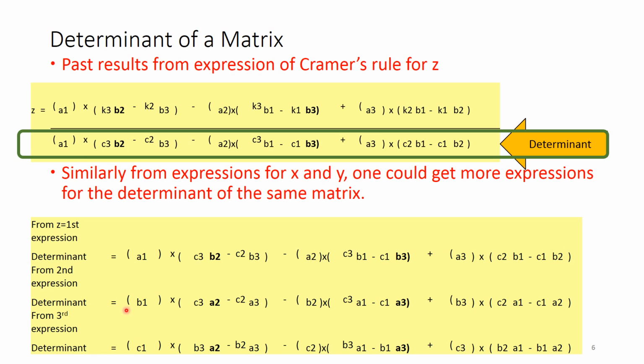Similarly, if I use the divisor as B1 in the beginning of the Gauss elimination, then I end up with this expression. And similarly, if I use C1 as the divisor, I start the Gauss elimination by column C1, then here is the expression that I would end up getting. Now all these expressions are the same as this one. We'll see how. Let's move on to the next slide.